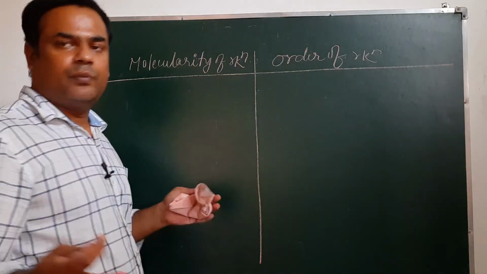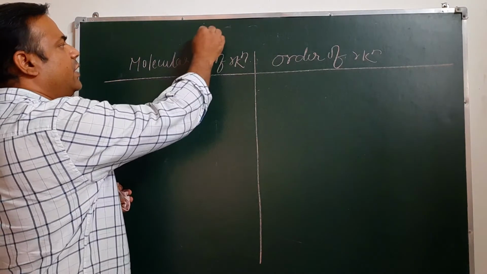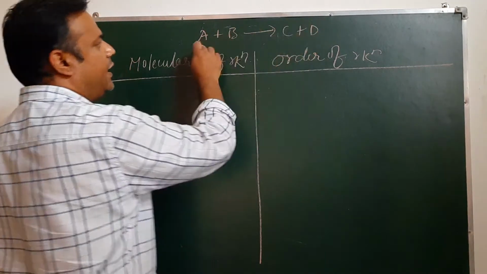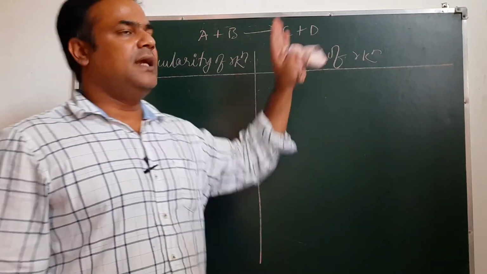Suppose we take any hypothetical chemical reaction in which A plus B gives C plus D. A reacts with B and gives C and D.